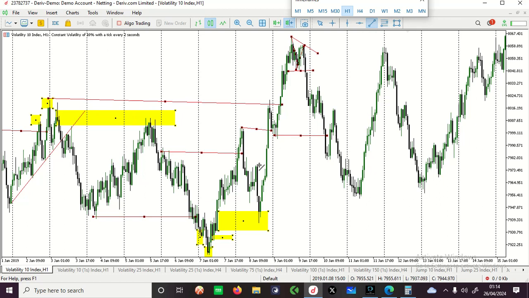You see, broke here, reaching this zone. Went up. Are you seeing it? But this is where we are interested.